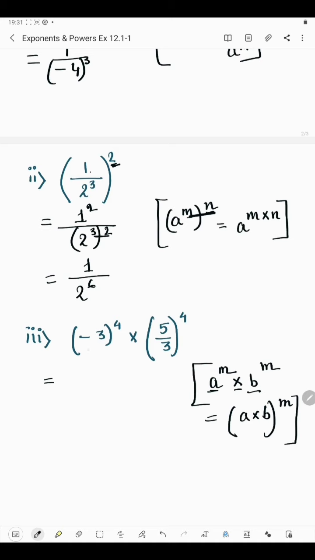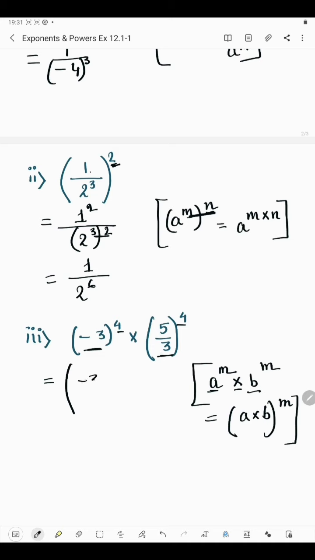Here we can see that minus 3 is the base and here we have 5 by 3 is the base. So here we have two different base. Okay, and in between multiply sign is there, but power is same here. So we will just multiply the base.